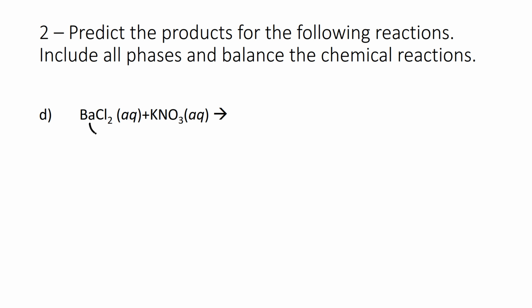We're going to do another double displacement. So we have Ba bonding to NO3. And then we have K bonding to Cl. Let's go ahead and look at the charges here. Cl is a -1 charge. Ba is a +2 charge.